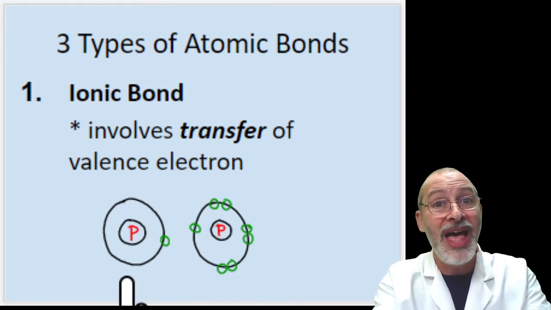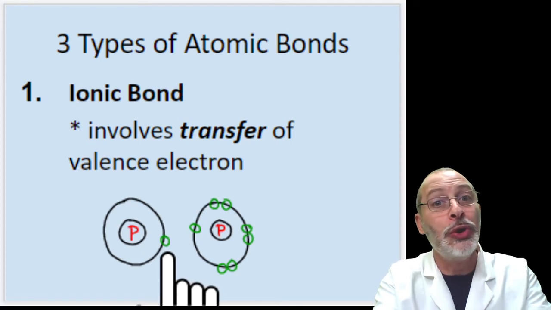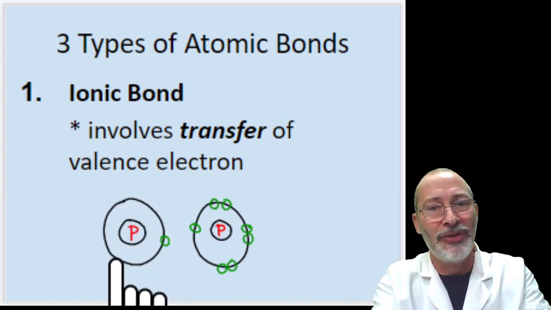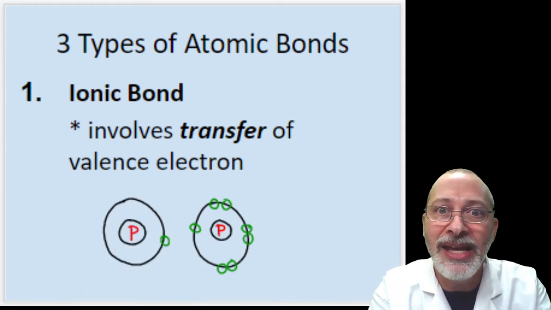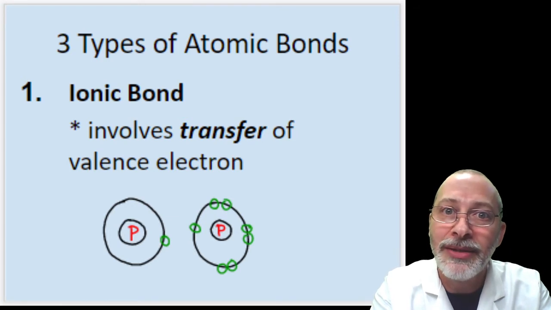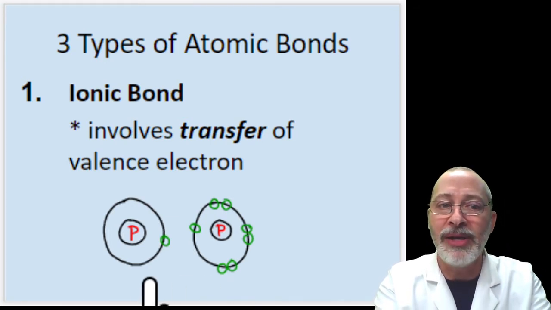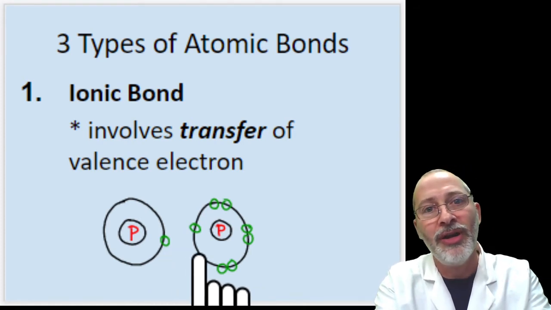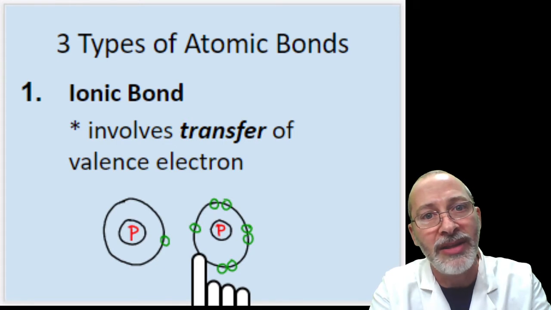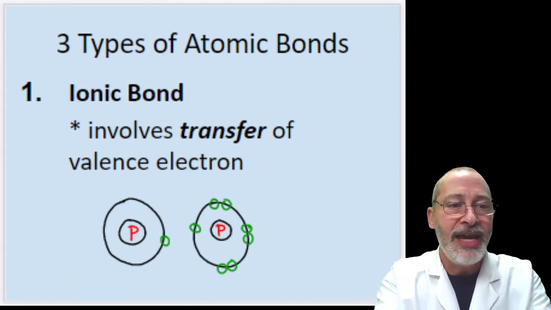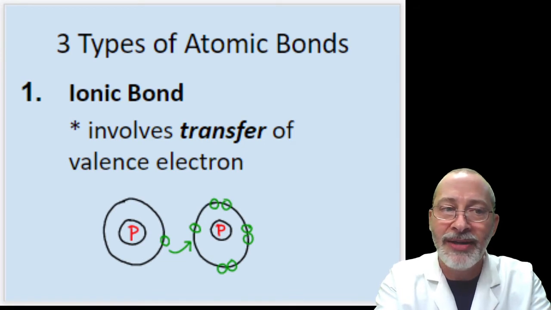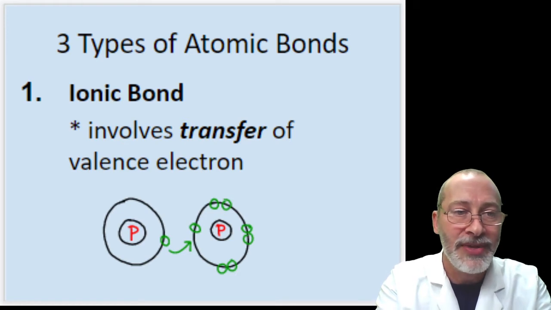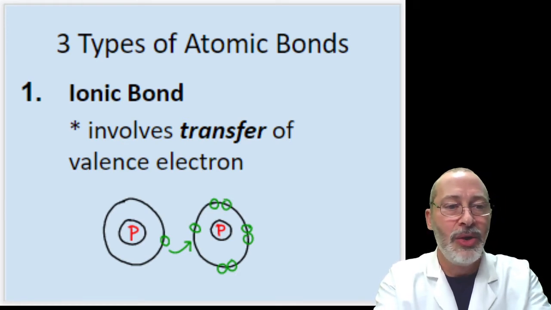This atom on the left would be happy to lose 1 electron because its second energy level has 8, and it would be complete. And they would both be happy if this element simply gave over its 1 valence electron. And so in an ionic bond, that is exactly what happens.